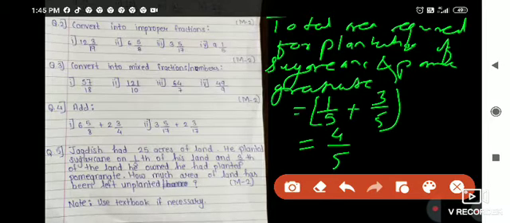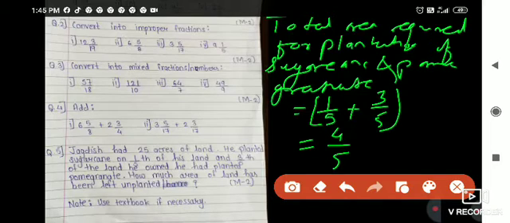Out of it, he planted 4/5 of the land, and we have to find out the remaining land. So note down this first: the area that he had planted is equal to 4/5 of 25.